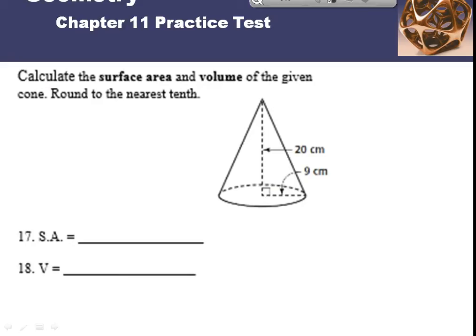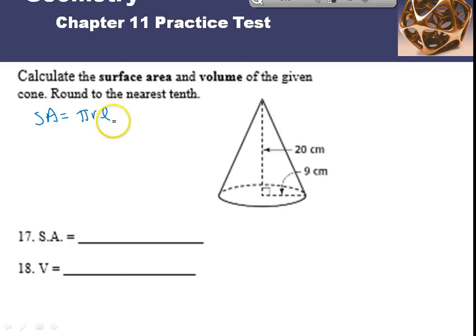Alright, so we're on problem 17 and 18, and we need to find the surface area and the volume of a cone. So let's write the formulas down. So the surface area of a cone is pi RL, and remember you needed to change this formula because I wrote it down wrong.